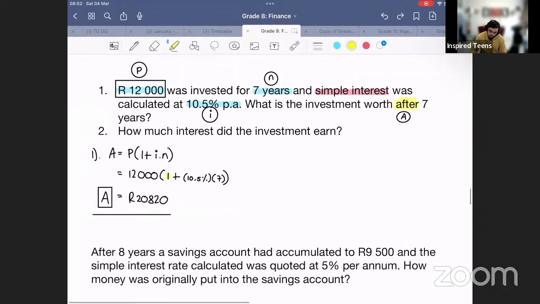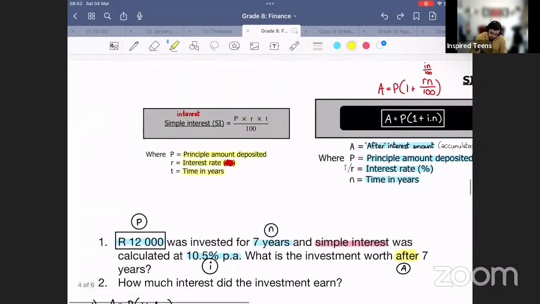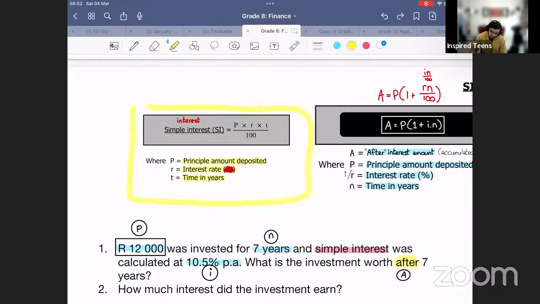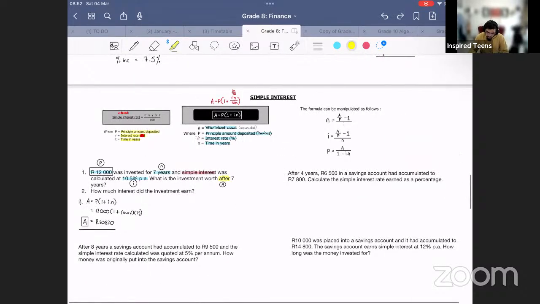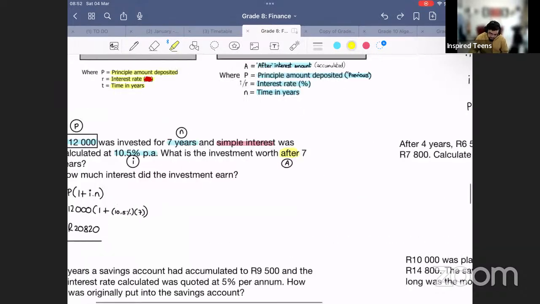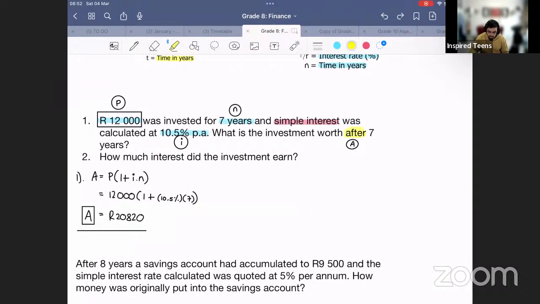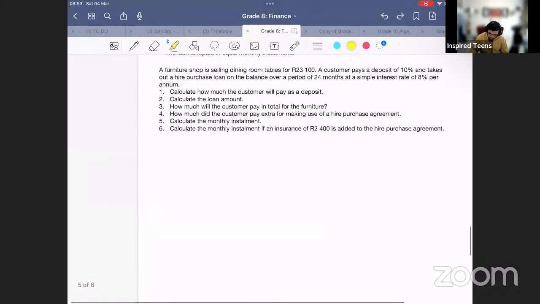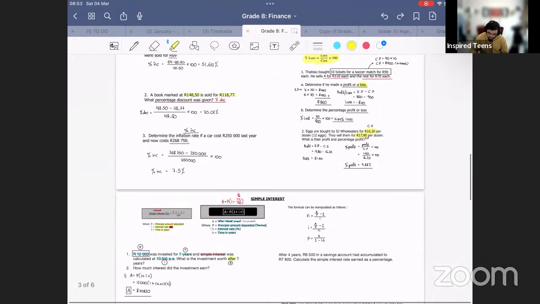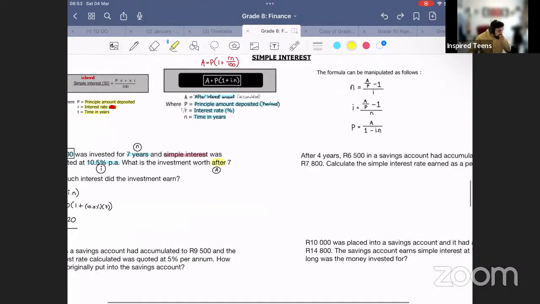What we'll do next time is an example of this method, and several other examples. And then of course number 2, and then hire purchase loan and exchange rates. I know maybe some of you have already moved on to integers, some of you are maybe busy with common fractions and decimal fractions, but we are going to get there.